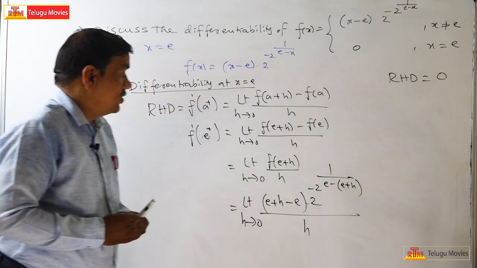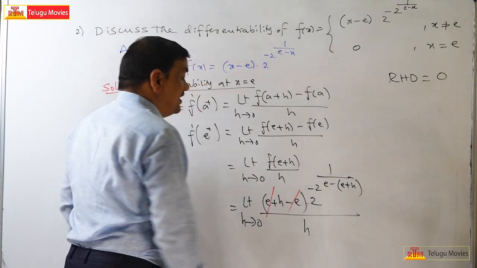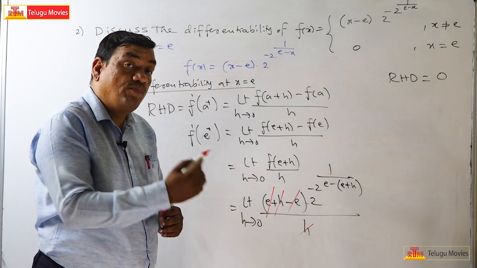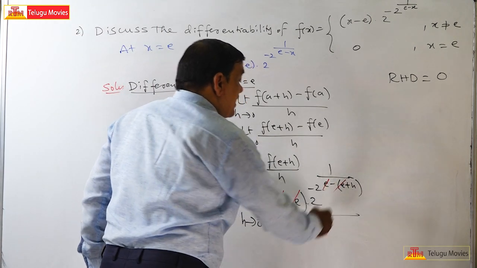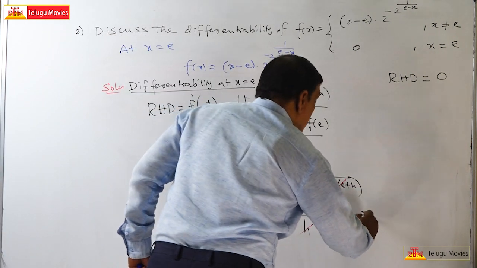Any more cancellations? Let us see here. Plus e minus e cancel. h also you can cancel. Why? Because as h approaches 0, h is not equal to 0. Here also plus e minus e cancel. So here ultimately what remains?